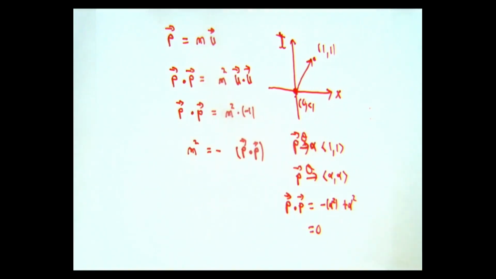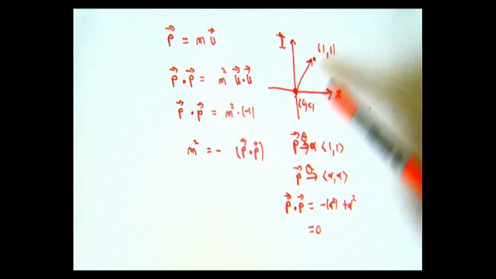So many people will say that photons have no velocity, which technically speaking is true, because u dot u would have to equal negative 1. Other people interpret that statement to mean the path of a photon doesn't have any tangential direction, but that's wrong. There's a tangential direction.